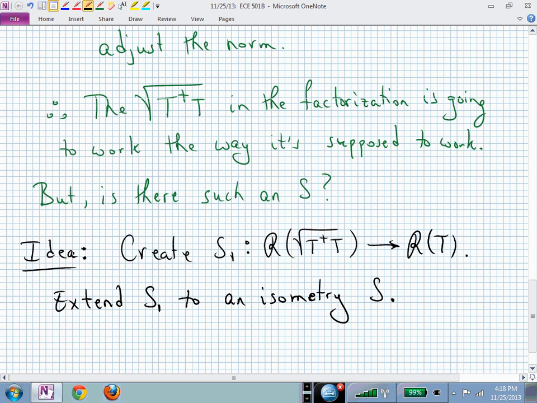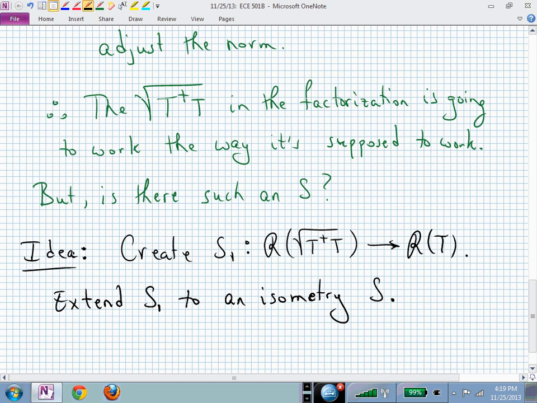One piece will map the range space of this positive square root of T dagger T onto the range space of T. Then we will look at the orthogonal complement, or the perp, of the range space of the positive square root of T dagger T, and get another mapping on it to the orthogonal complement of the range space of T. Then we have this decomposition that we need, and now we can create S out of those two pieces with S1 and S2.